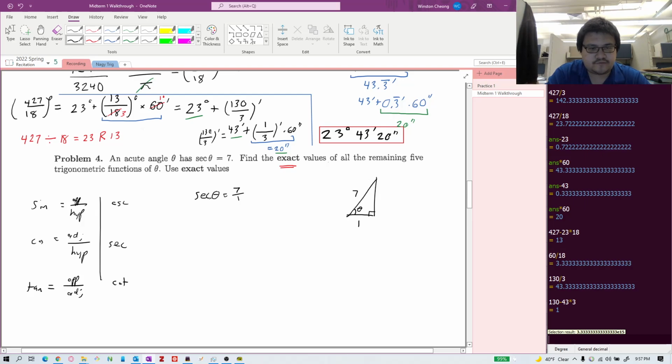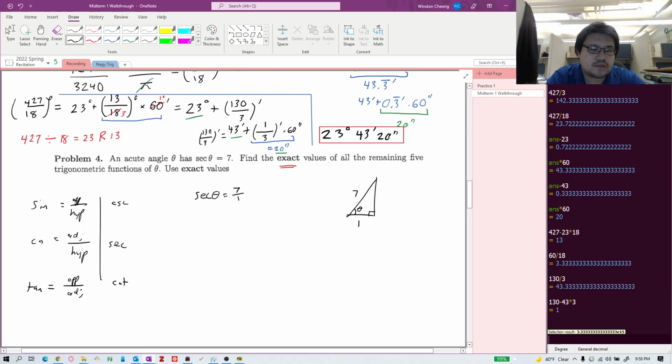Or if you could do inverse secant on a calculator, the measure of the angle would line up with the real world construction. This triangle corresponds to this equation. That's the method here.